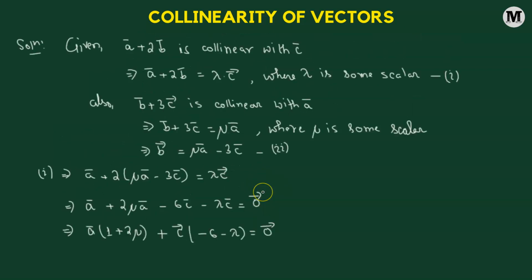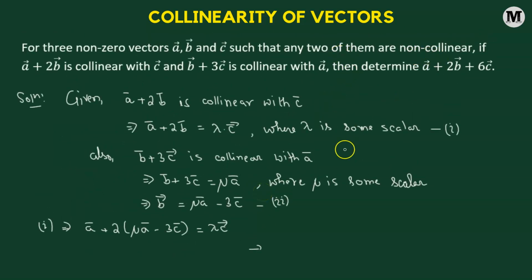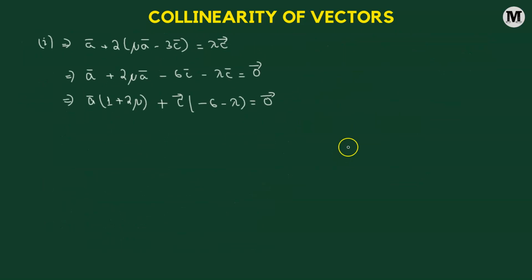Now in the problem it's given that any two of them are non-collinear. Now we have a vector times some scalar added to c vector times another scalar equals the 0 vector. So here let us suppose that a vector and c vector are the two non-collinear vectors.